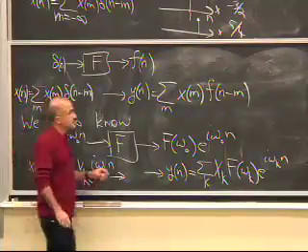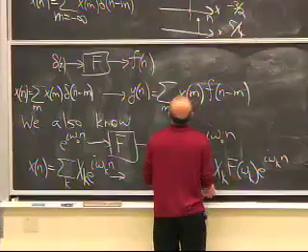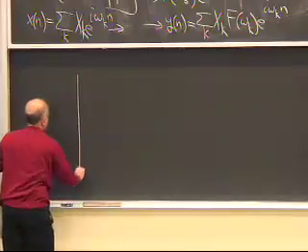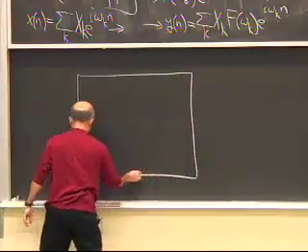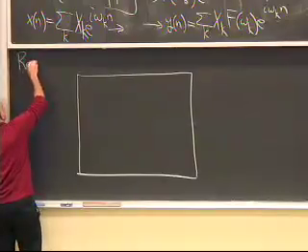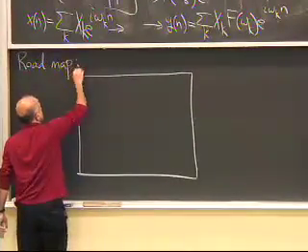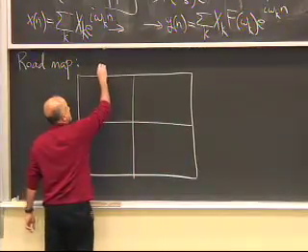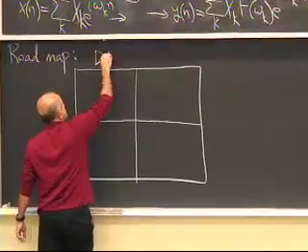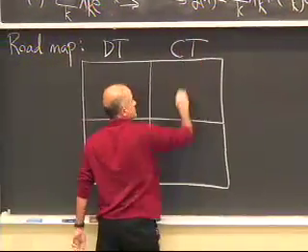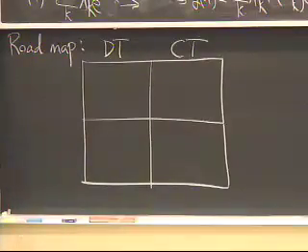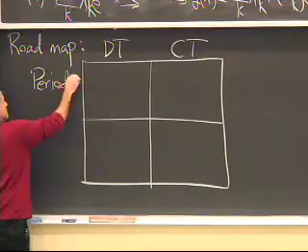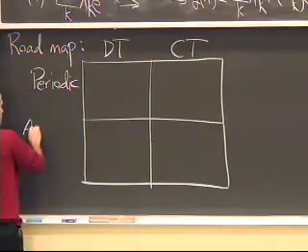We'll start with the easiest case, and let me just put out the roadmap. This is what we're going to be doing. This is our roadmap. We have discrete time signals, and we have continuous time signals. We further split these signals into periodic signals and aperiodic or non-periodic signals.